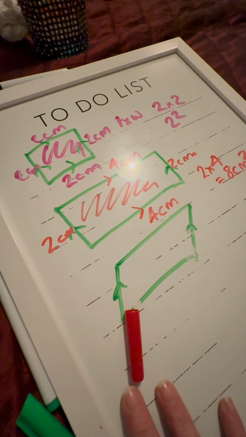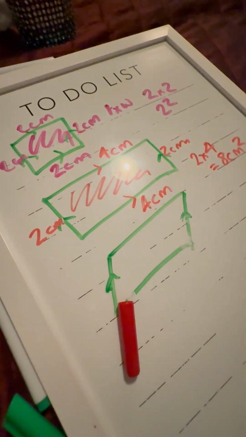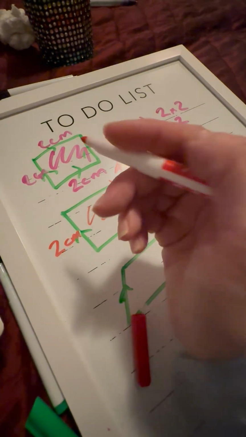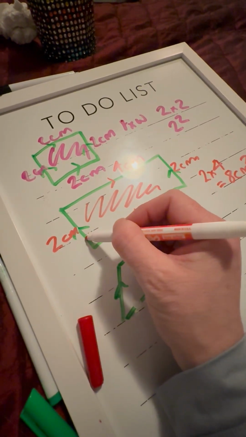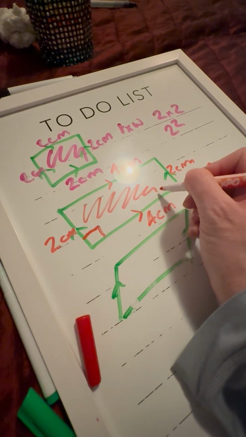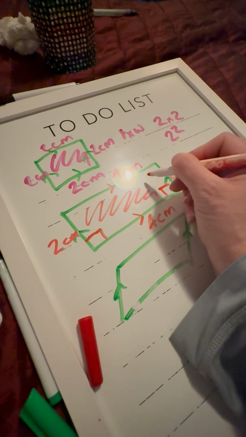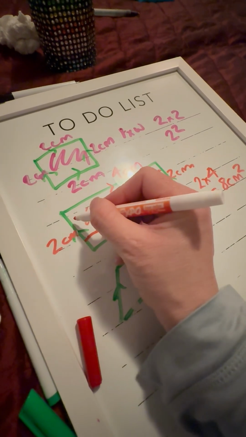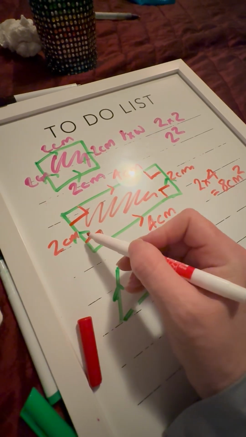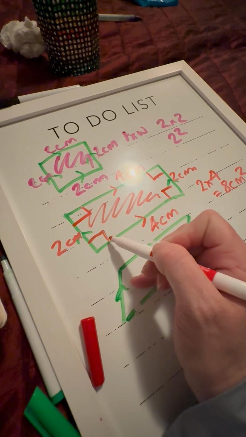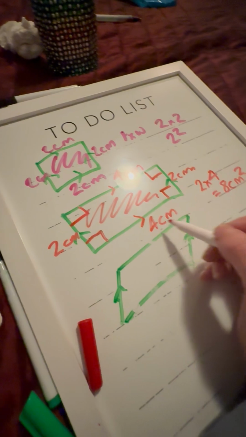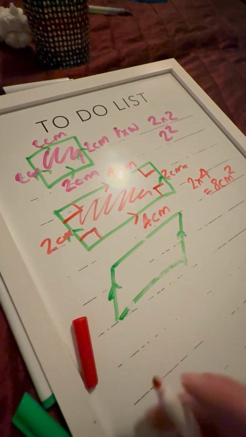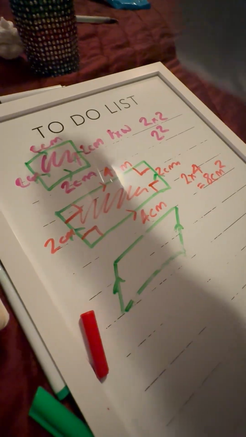Now, in a rectangle and in a square, all our angles are 90 degrees. And remember, we show that it's 90 degrees by doing it like that. And a 90-degree angle is also known as a right angle.